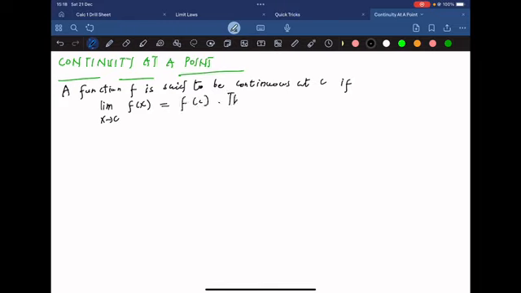Now this is the same as the limit as x approaches the point from the left, and the limit as x approaches the point from the right of f of x.